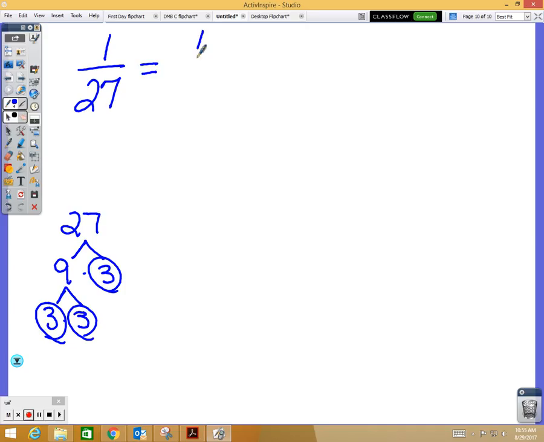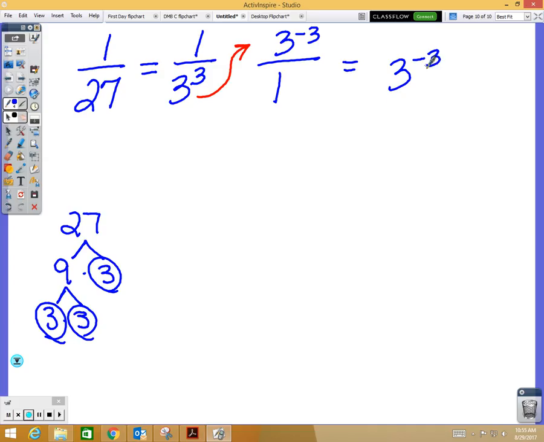So this is 1 over 3 to the 3rd power. Again, we're moving this up to the numerator. So it's going to be 3 to the negative 3rd power over 1, which would be best written as just 3 to the negative 3rd power.